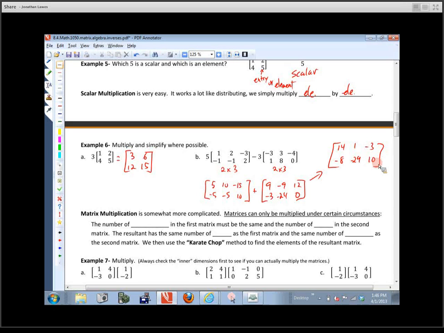Again, what might bog people down is just the sheer number of calculations. In order to get that right, we did somewhere in the neighborhood of 20 calculations. Right, but if you screw one of them up, you get the answer wrong, okay? So just like with row operations with augmented matrices, the process isn't very difficult, but if you make a silly mistake, you're going to get the answer wrong.